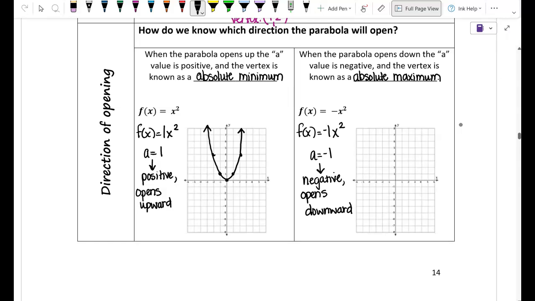So really, we could take all those points we had on the first one and reflect them across the x-axis to open down. So we're still going to be at 0, 0. Now we're going to be at negative 1, negative 1; 1, negative 1; negative 2, negative 4; and 2, negative 4. So all we've done is change the a value to negative, which just reflects it downward across the x-axis.